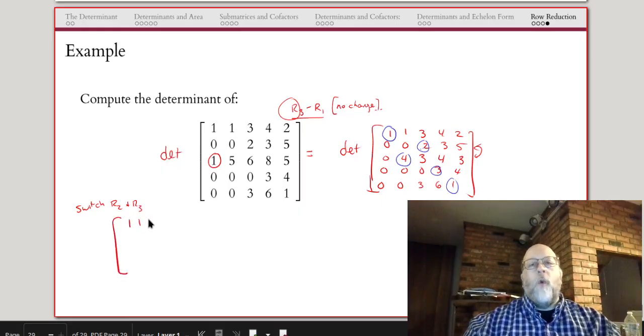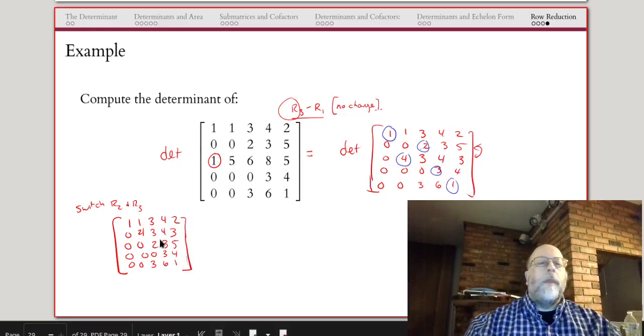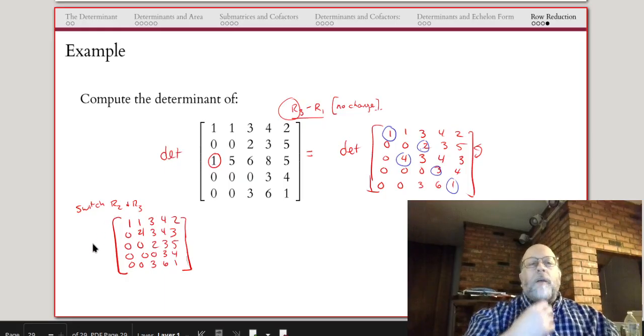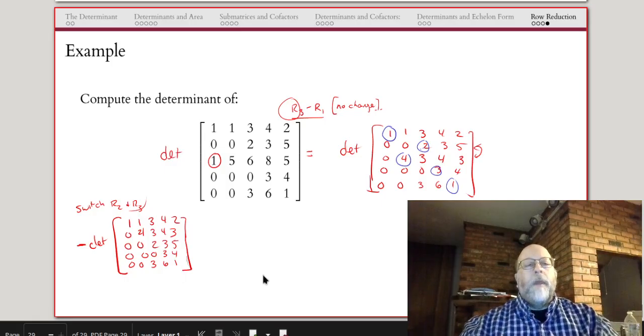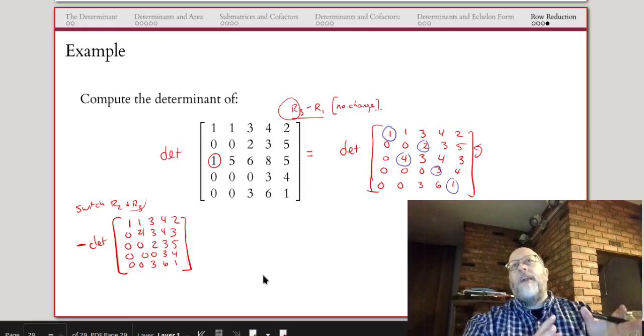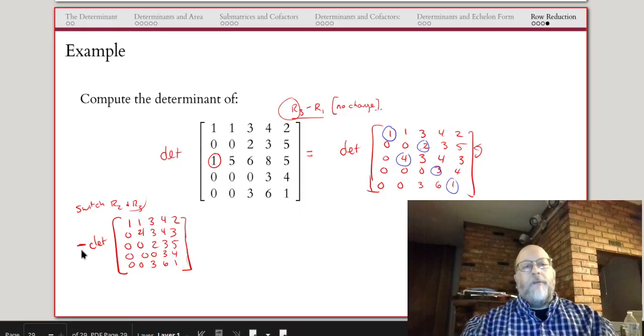So that gives me 1, 1, 3, 4, 2, 0, 4, 3, 4, 3, 0, 0, 2, 3, 5, 0, 0, 0, 3, 4, 0, 0, 3, 6, 1. But this changes the sign of the determinant, and so I'm going to put a negative sign out there to change it back. Because we did a row reduction that changes the answer, we have to undo that change also. And so now we have a negative sign out here.